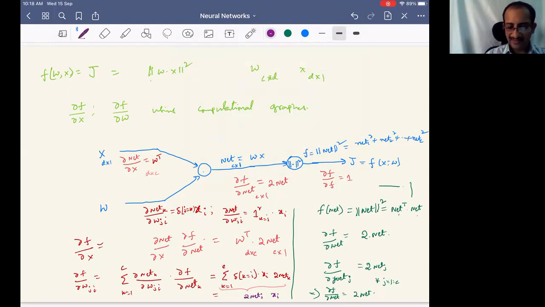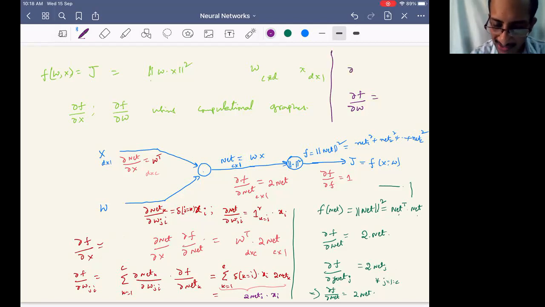Okay, if you just put x_i this side, k equal to j only will be 1. Okay, remaining all 0, and this picks out net_j, that's all. So ∂f/∂w_j is equal to 2 net_j into x_i, that's all. Okay, so now given this element wise solution for ∂f/∂w_j, what is ∂f/∂w now?